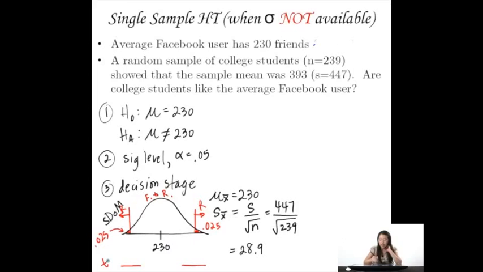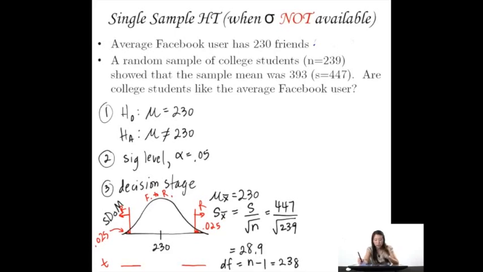So here's our t value. So we can't just put in 1.96 because that would be for z distributions. We need a t distribution. And in order to find a t distribution, we need degrees of freedom, right? And so the degrees of freedom is n minus 1, and that's 238 because 239 minus 1.